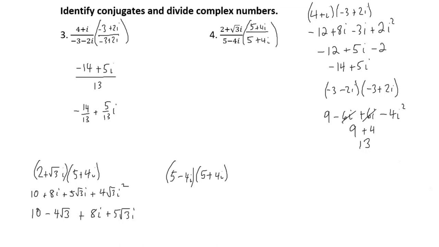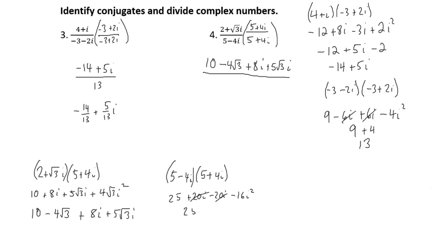So then we have on top 10 minus 4 root 3 plus 8i plus 5 root 3i, all over 5 times 5, 25, plus 20i minus 20i minus 16i squared.